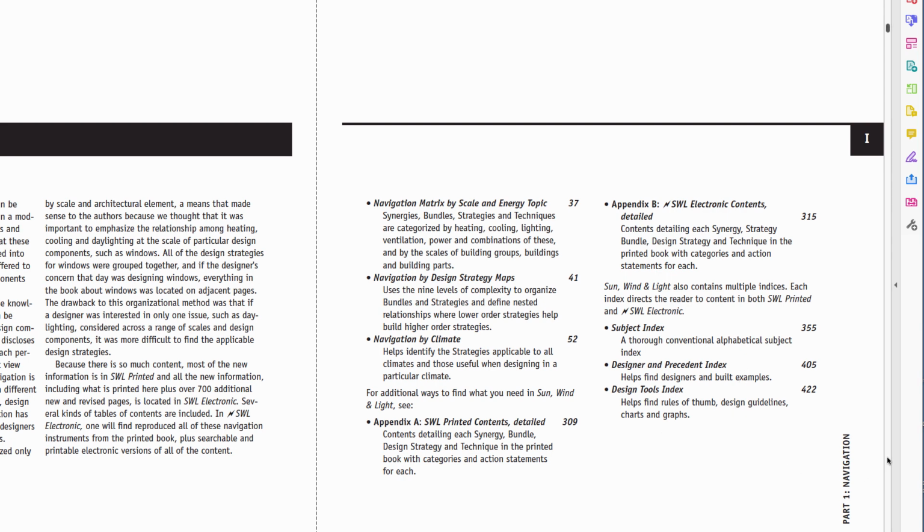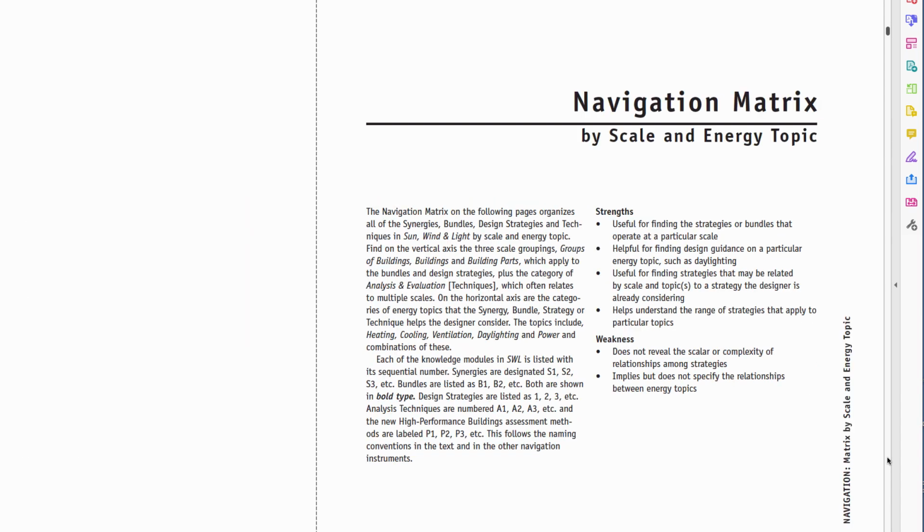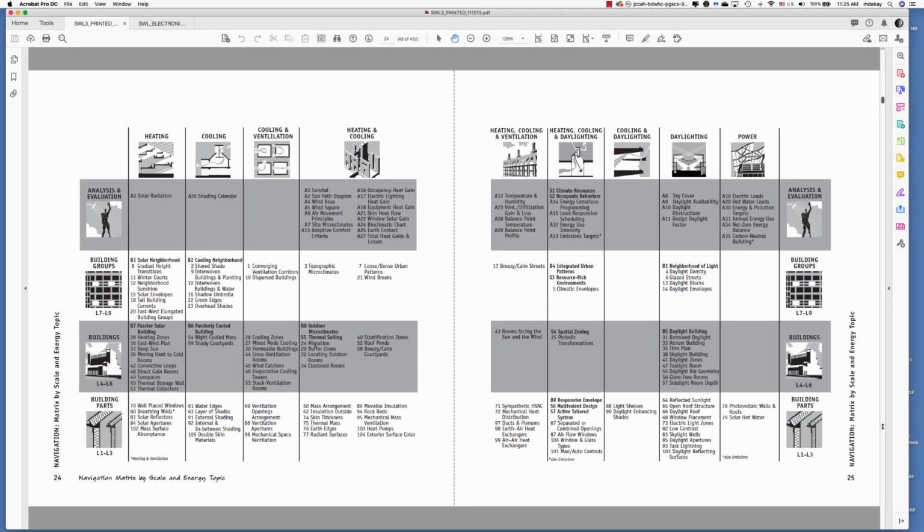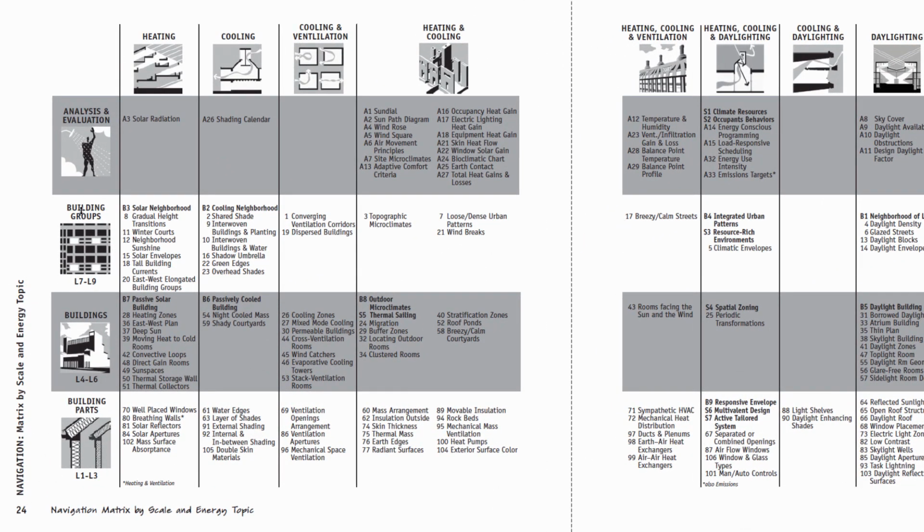But right now, while we're here in the navigation section, here's a section we call the navigation matrix by scale and energy topic. Each one of these ways of navigating has certain strengths and certain weaknesses, so we try to describe that on the front end. Here's that matrix, and you can see there are different rows. Different rows are analysis and evaluation techniques.